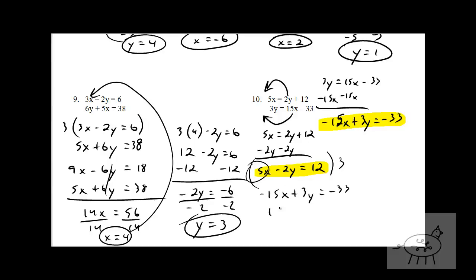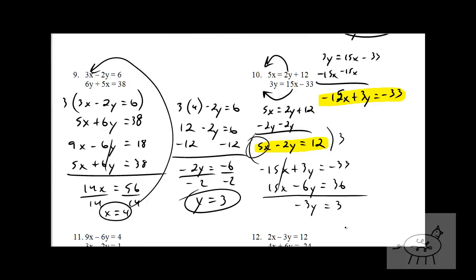And then the bottom is 15x minus 6y equals 36. So that cancels, and we get negative 3y equals 3. And divide both sides by negative 3. So y equals negative 1. Just a little bit bigger numbers, a little bit more work there.